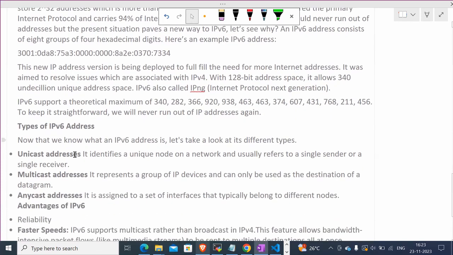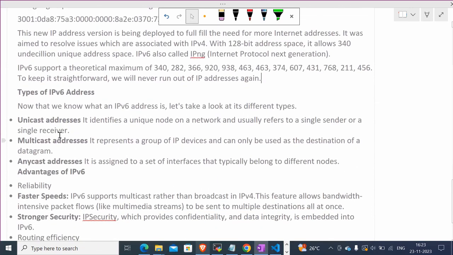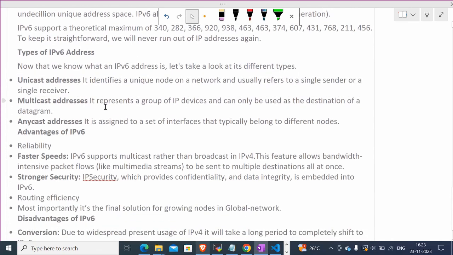Types of IPv6 addresses. Let's look at the different types. Unicast address identifies a unique node on a network and usually refers to a single sender or single receiver.